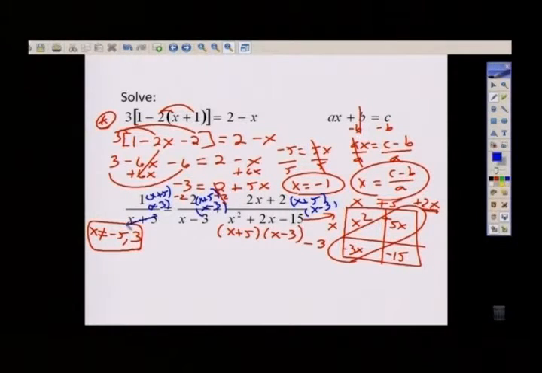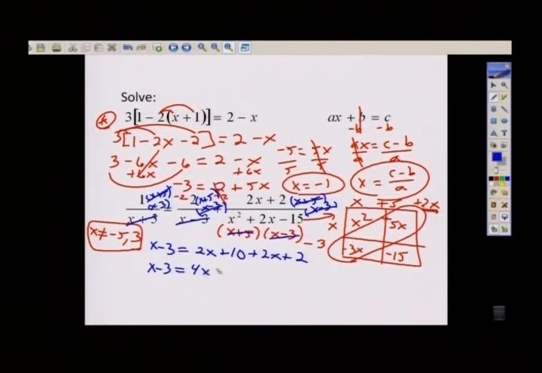So this first one, the x plus 5 will cancel. 1 times x minus 3 is x minus 3. The second one, x minus 3 will cancel. So we will have 2x plus 10. And in the last one, both of the expressions cancel, so we'll have a plus 2x plus 2. So I'm going to combine like terms on the right.